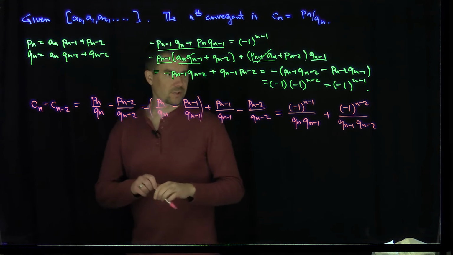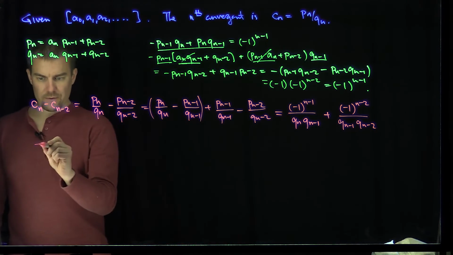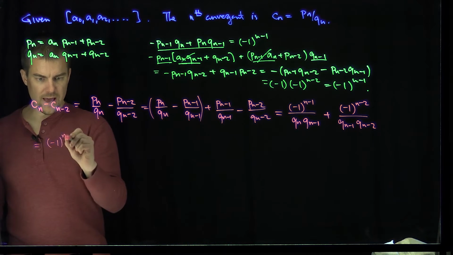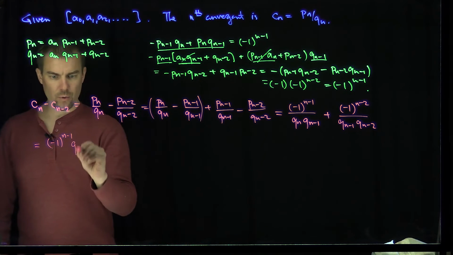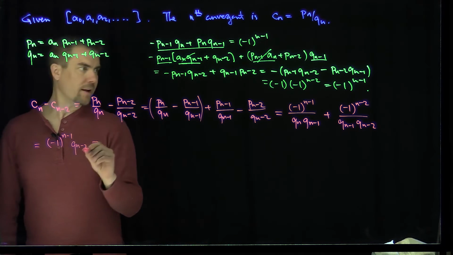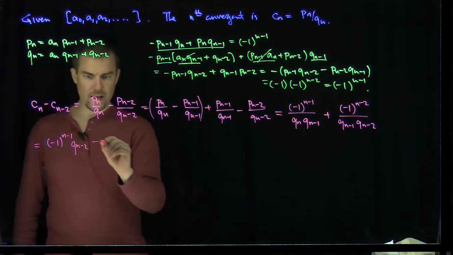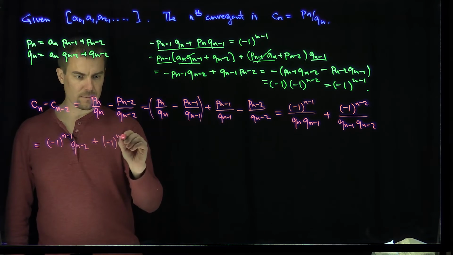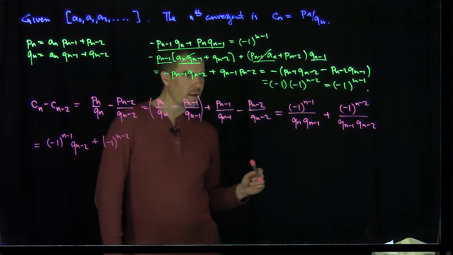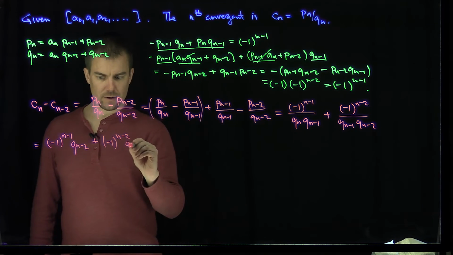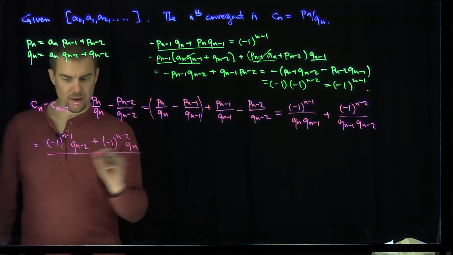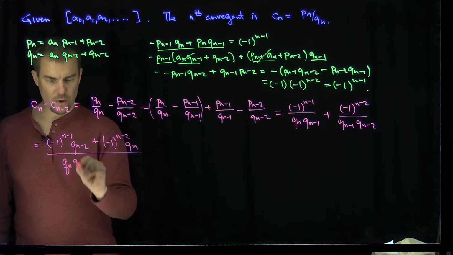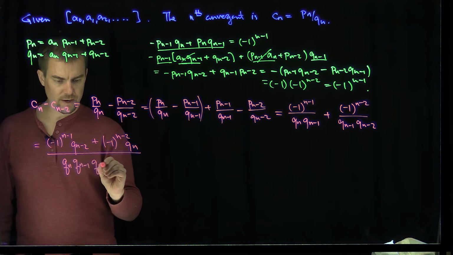Now we can add these expressions together. We'll have negative 1 to the n minus 1 times Qn minus 2, added to negative 1 to the n minus 2 times Qn, all divided by Qn, Qn minus 1, and Qn minus 2.